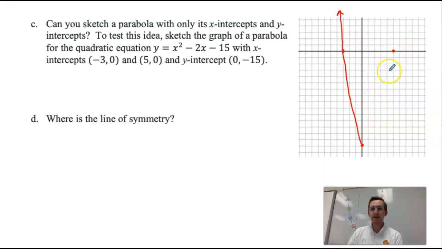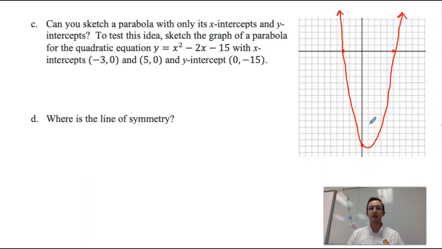We know that from somewhere down in here, we're going to be flipping back to go upwards. So at some point in this neighborhood, we're going to flip to go back up. And again, we know our direction is going up because our y-intercept is below our two x-intercepts. So because our y-intercept is way down here, the vertex is going to be somewhere down here as well.